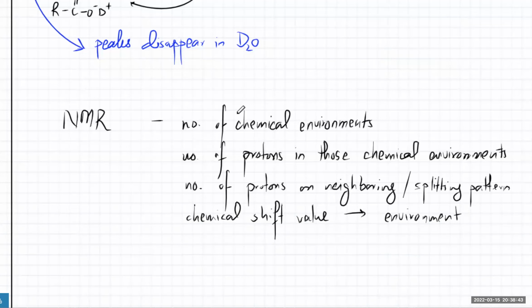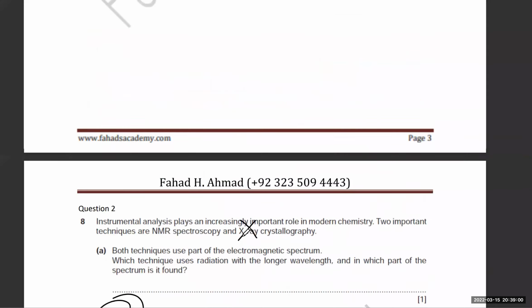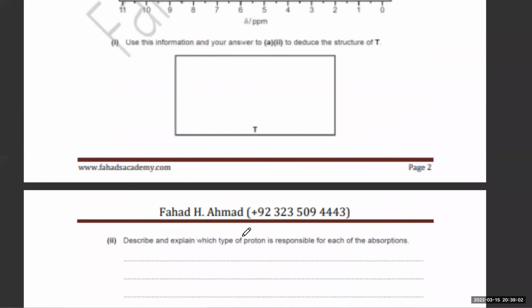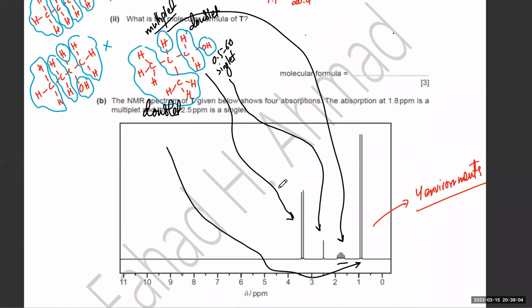Bhaskar, I'll come to splitting pattern. Ibraz, this is how the NMR spectrum is useful. What information do you get about the molecule using the NMR spectrum? This is how you're going to solve the question. You're going to look at the chemical environments. How did we end up solving this question? He did give us some information about the alcohol, but we looked at the fact that it had 4 environments.